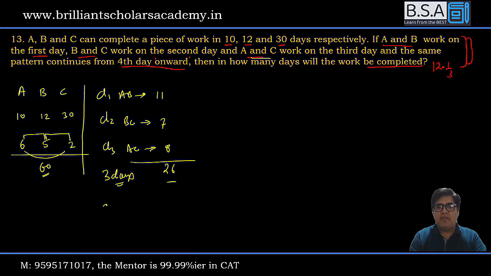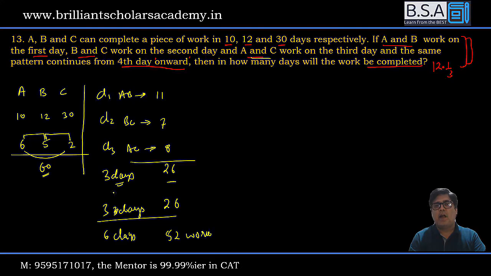So if I wait for another set of 3 days, another 26 units of work is done. So in 6 days, the work done is 52 units. How much work remains? 8 units of work remain.